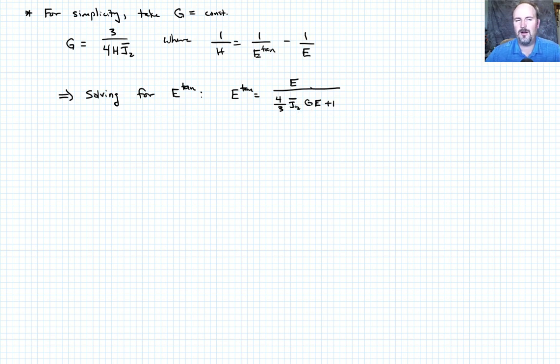We know that J2 bar acts as that upper bound, which is going to grow with plastic strain. So this quantity is going to decrease with increasing plastic strain. As J2 bar goes up, which it will, then E tan will go down. So a constant G doesn't give you a constant tangent modulus. It actually gives you a decreasing tangent modulus with strain.